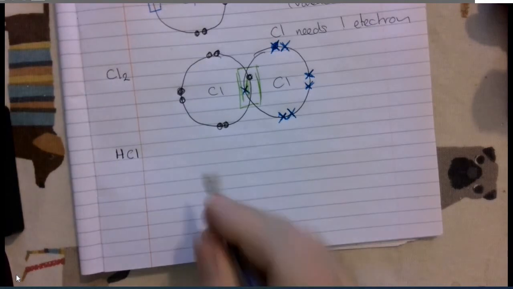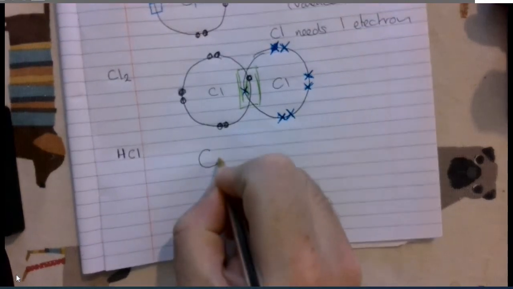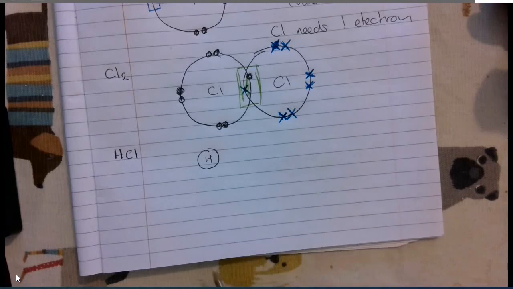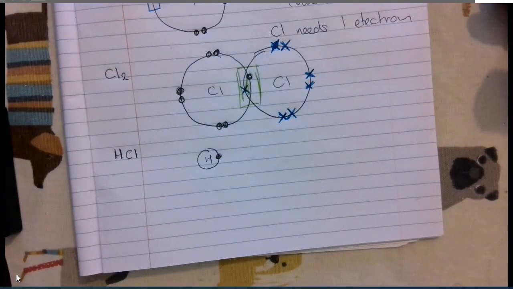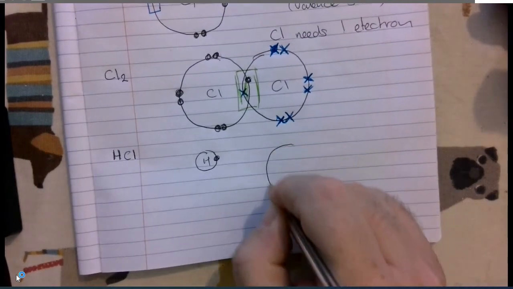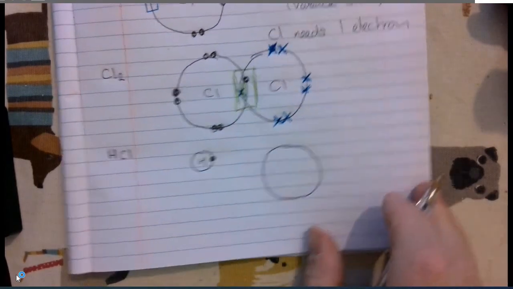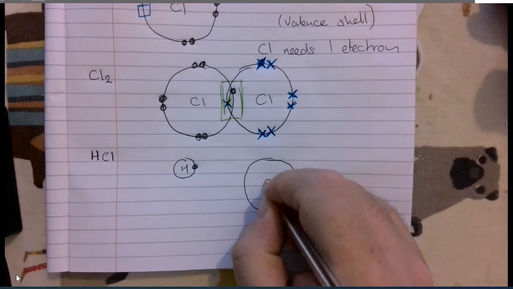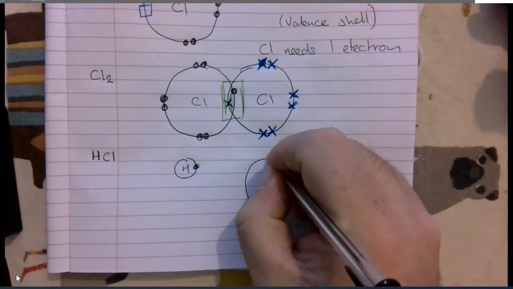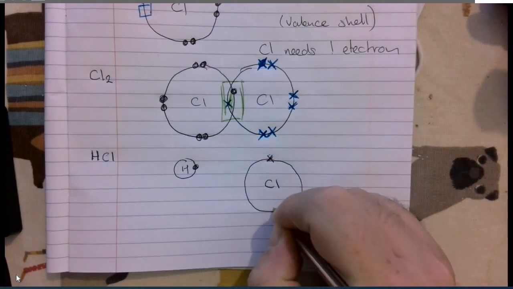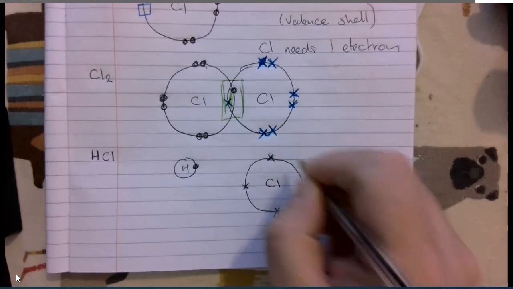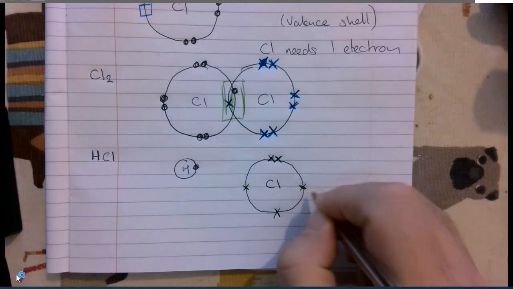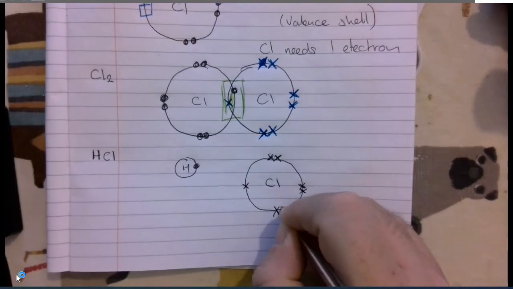Okay, so if I'm going to draw this separately, I'll draw hydrogen. Because it's only got 1 electron, I draw it nice and small, and I'm going to give that a dot. Chlorine, it's going to be as big as our last chlorine. And this time I'm going to draw crosses. So I've got Cl in the middle for chlorine, and I've got north, south, east, west. Then I go clockwise, cross, cross, cross.